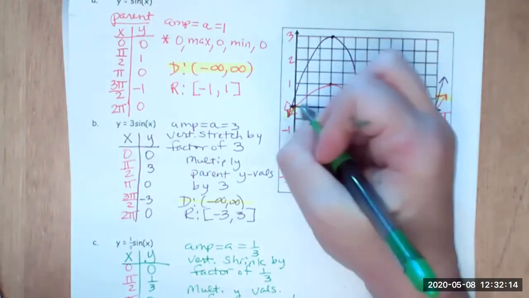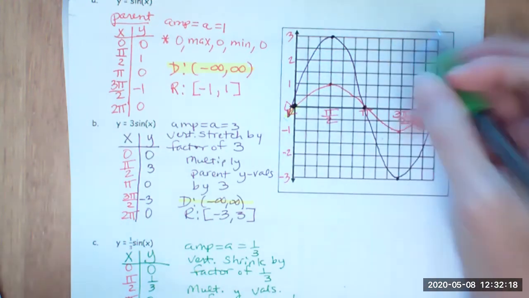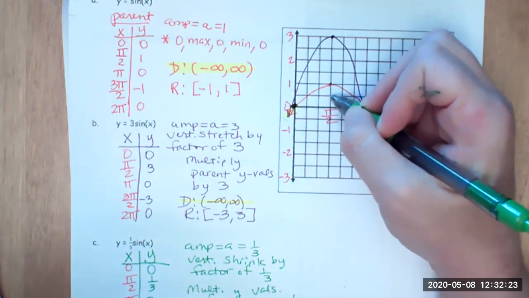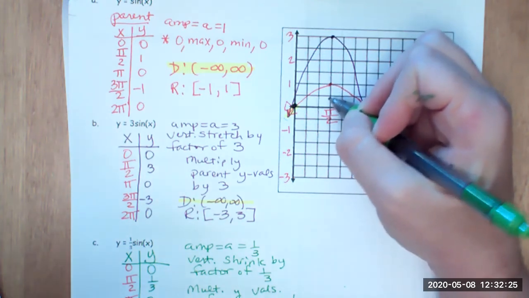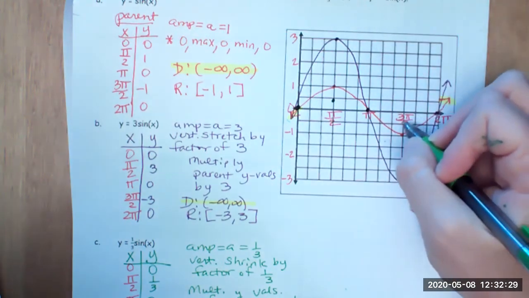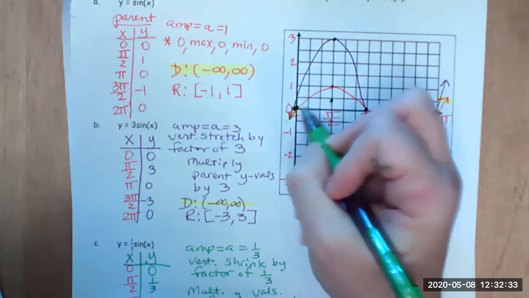So we're here at 0, 0. Pi over 2, 1/3. Well, here's 1, here's a half. So here's a third, about, right? Pi 0, 3 pi over 2, -1/3, and 2 pi 0. Okay?